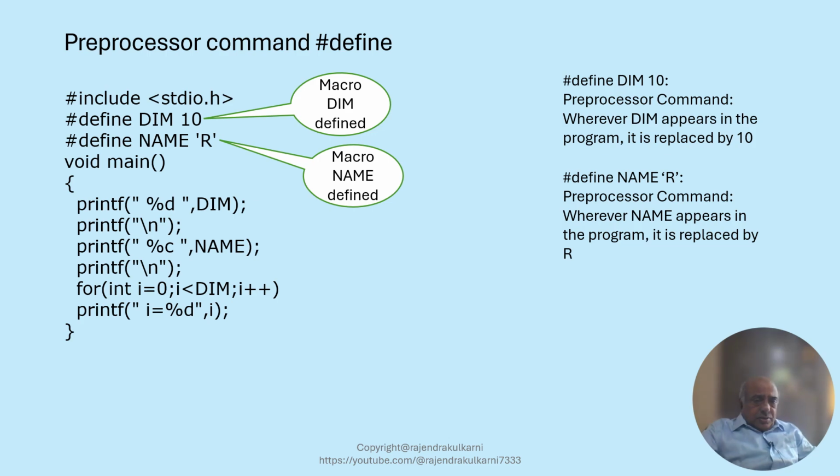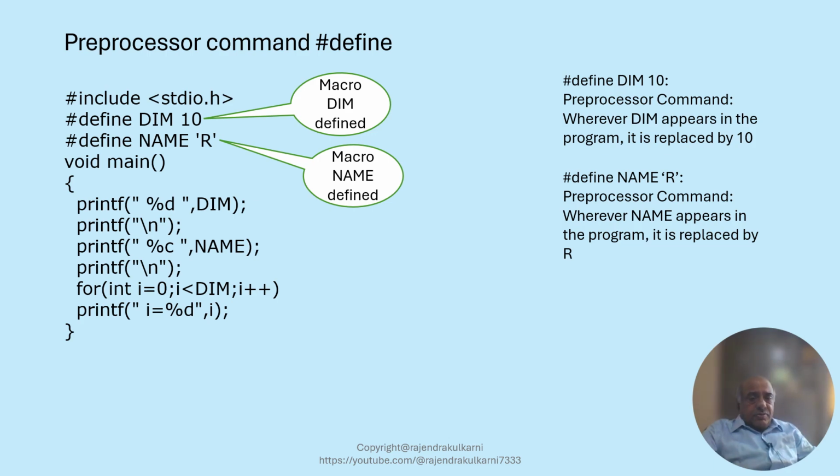And in the third printf statement, we are running a for loop where i is equal to 0, i less than dim, i plus plus, and then this printf statement just displays the value of i in every iteration. Here we have used dim, which is a macro, and this dim will be replaced by the number 10 when the program is compiled.